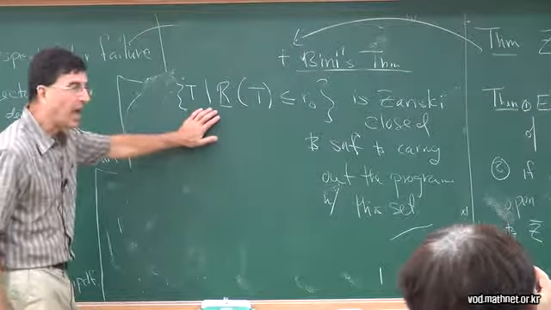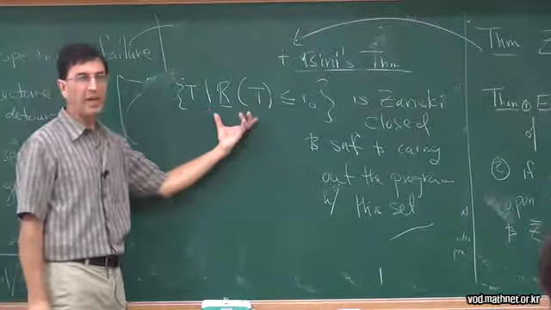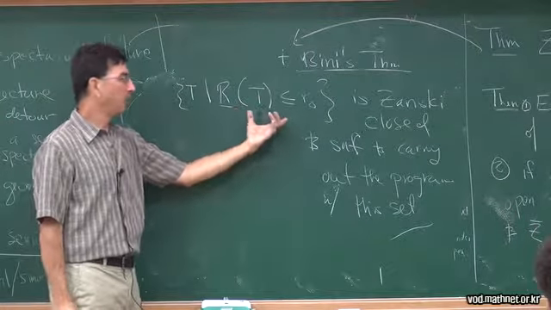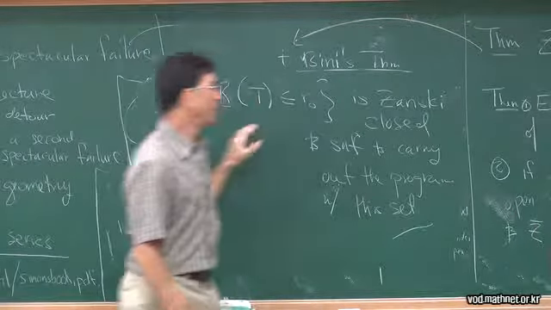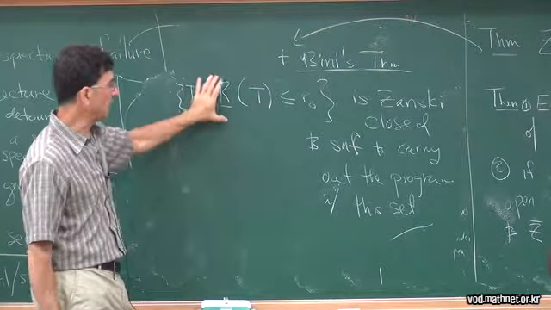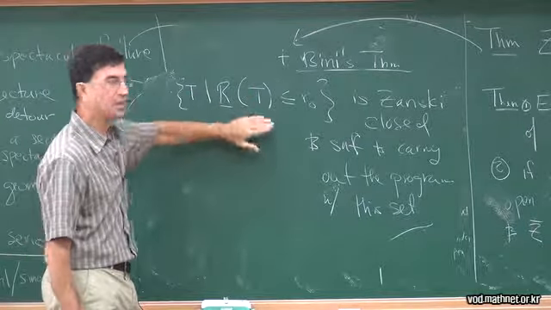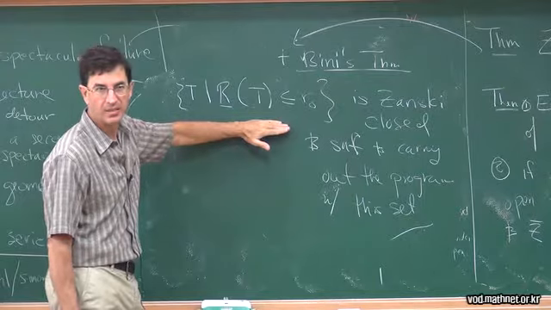So by this theorem, we can find a collection of polynomials whose zero set is exactly this set.